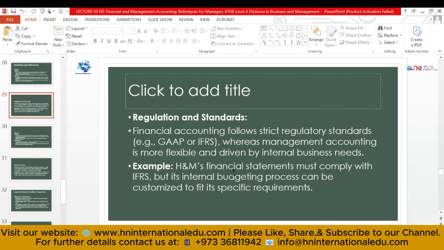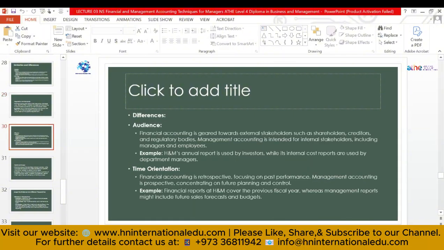We have so many branches of H&M in many of the states of the world, but what happens? Their financial statements are all the same, but their management accounting system and how they work is different according to different states, culture, and timings.